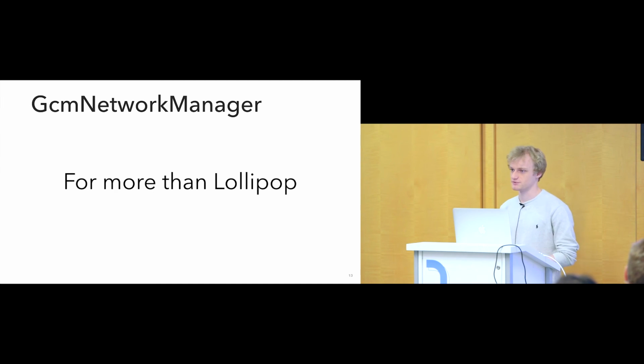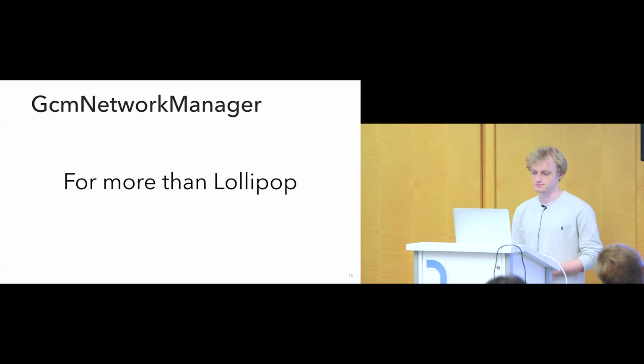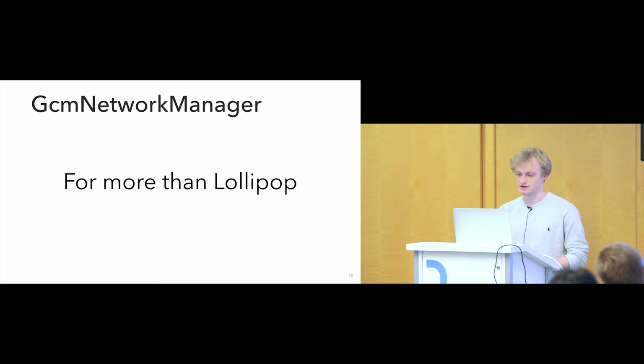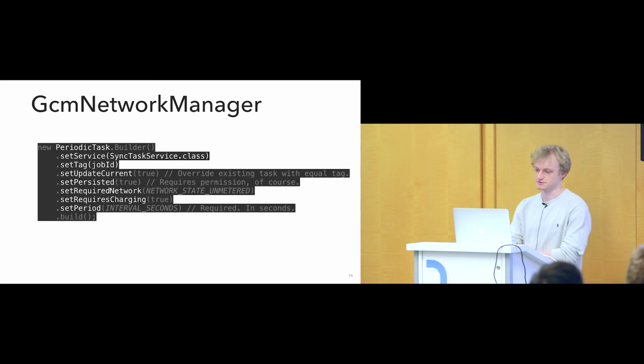GCM Network Manager, of course, is in Google Play Services, so it also knows about the other apps and the state of the device. The downside, of course, is that it's only for devices with Google Play Services, but of course extends down to, I suppose, API 7, or however far down Google Play Services still supports.